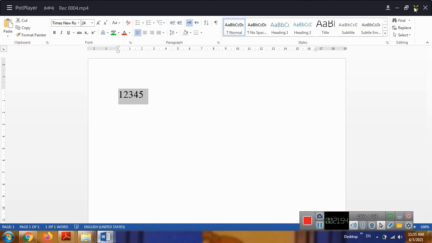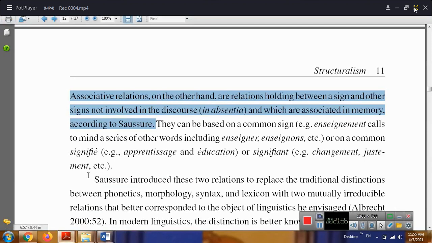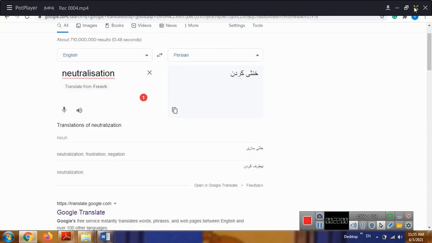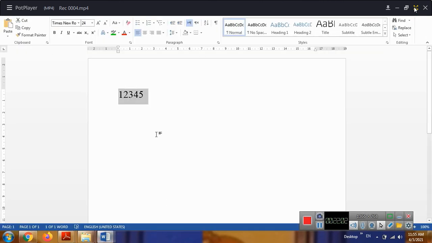By linear axis, we mean this. It is a linear axis. All of the words in language are on a linear axis. The numbers which are beside each other, 1, 2, 3, 4, 5, are on the syntagmatic axis.